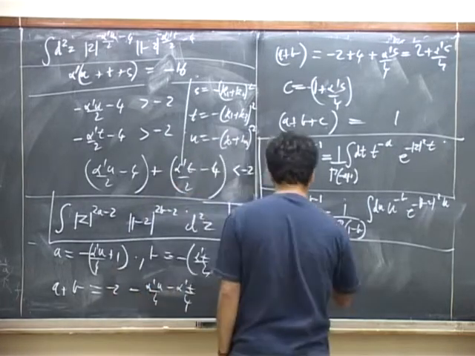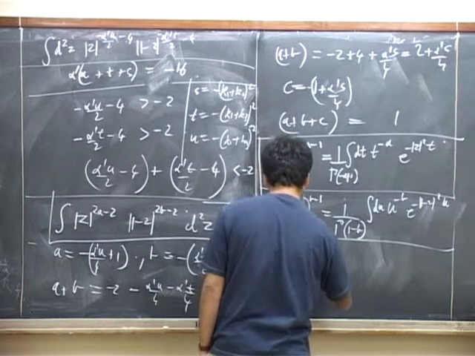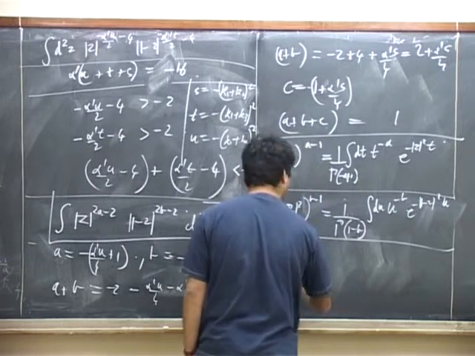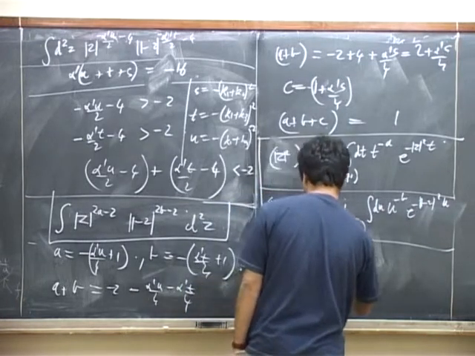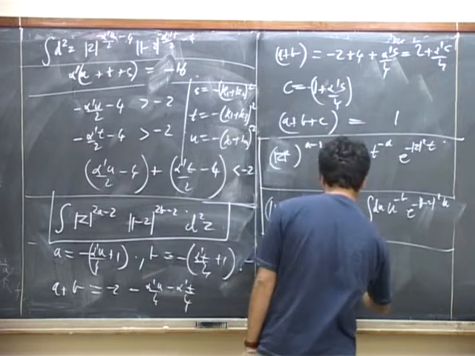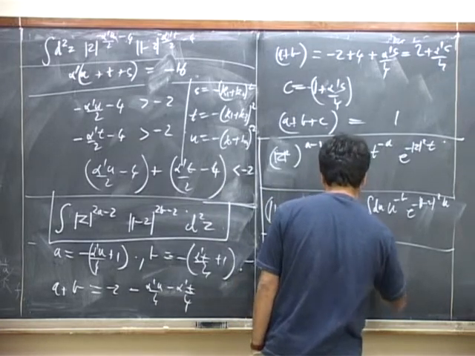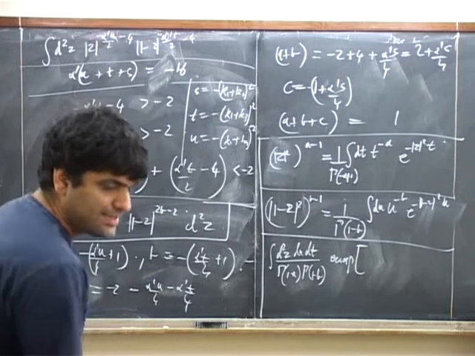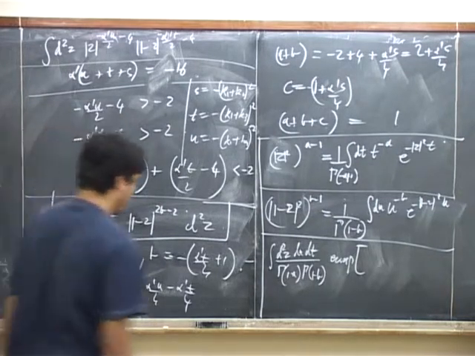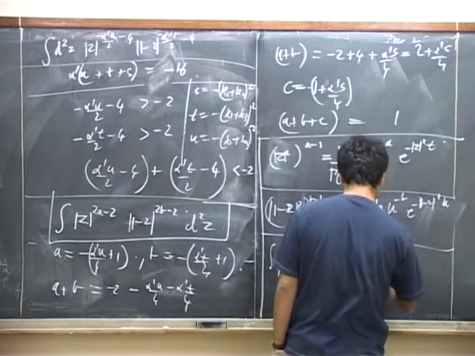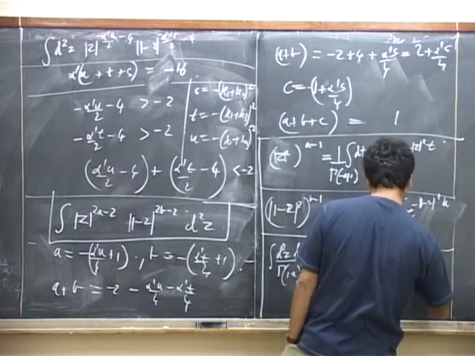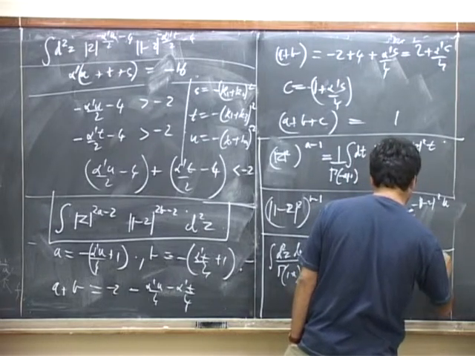Okay, then we get du dt divided by gamma of 1 minus a, gamma of 1 minus b times exponential of, and now let's write z as equal to x plus iy. Okay, so we get minus t into x squared plus y squared and minus u into 1 minus x the whole thing squared plus y squared.